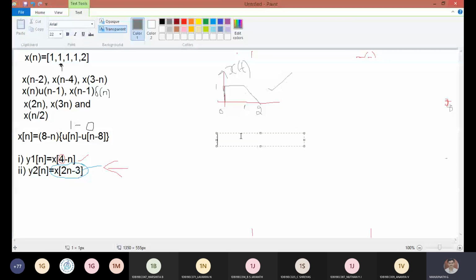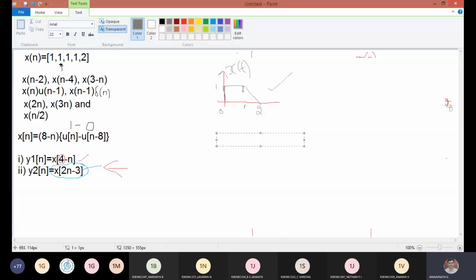Anyhow, tomorrow there is no class. That's why I'm giving it. So we'll see straight away on Friday's class. We'll try to analyze the multiplication of signals, along with how the elementary signals operate, on that day. Given the signal X of t as shown below, this is the given X of t. Sketch the following.